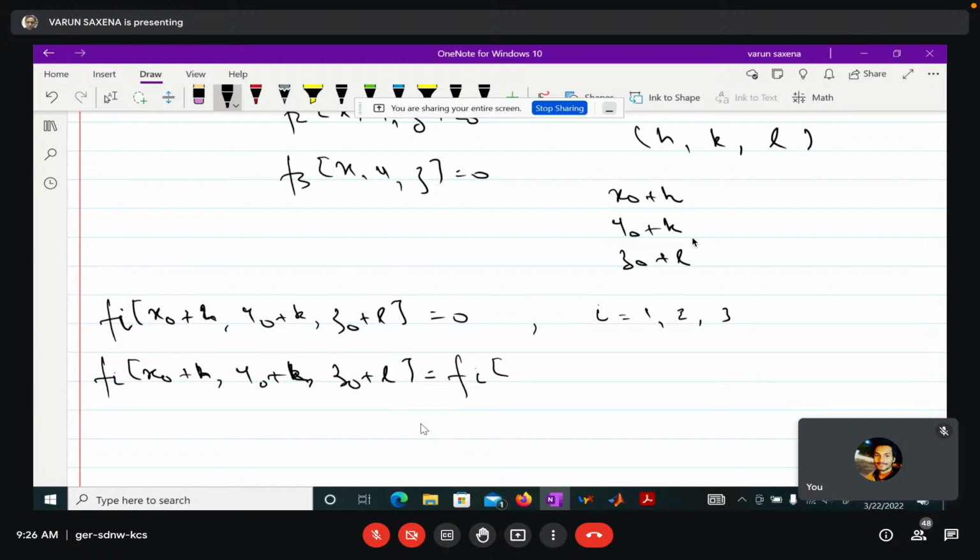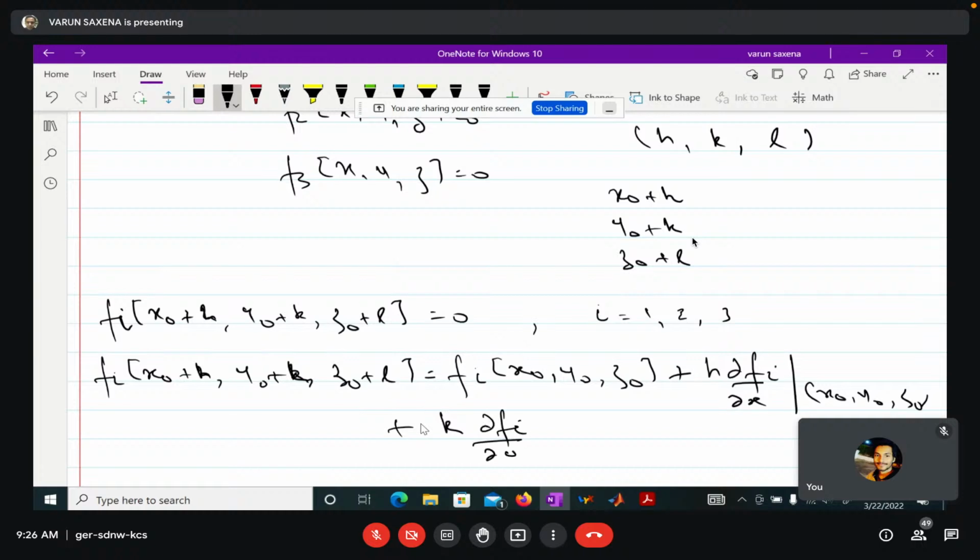This would be fi of x0, y0, z0 plus h del fi over del x evaluated at x0, y0, z0, plus k del fi over del y evaluated at x0, y0, z0, plus l del fi over del z evaluated at x0, y0, z0.